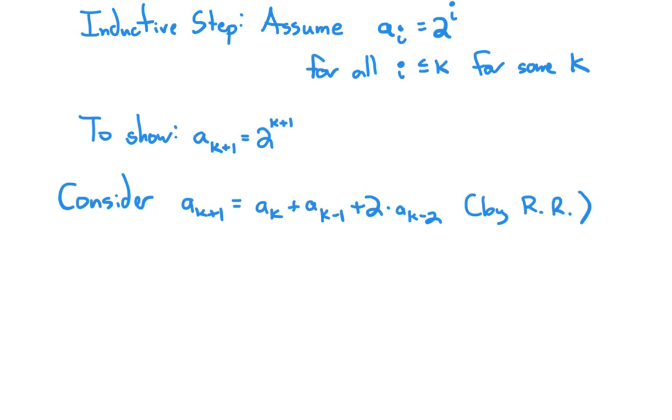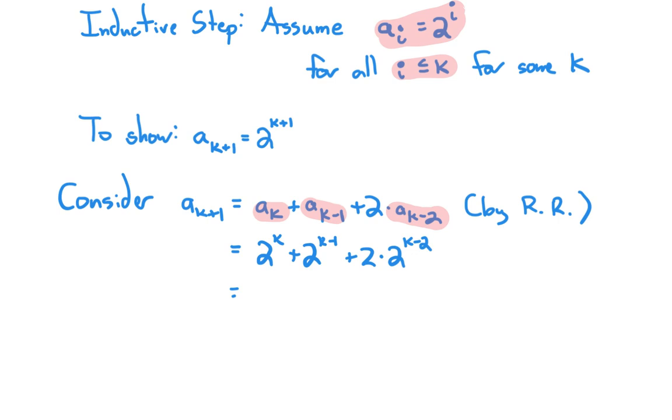And note that all of these fall under our inductive hypothesis. So we can use that. So using our inductive hypothesis, since all of these are k or less, that's going to be 2 to the k plus 2 to the k-1 plus 2 times 2 to the k-2. And you can see what's going to happen here immediately, I think.